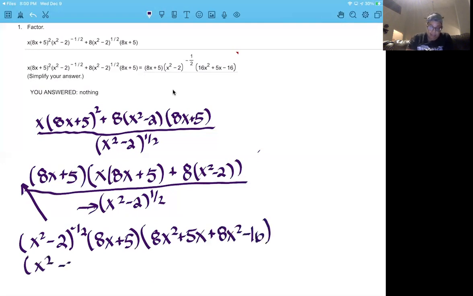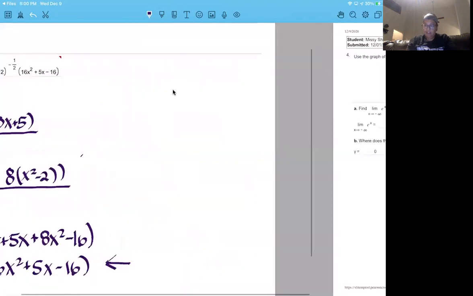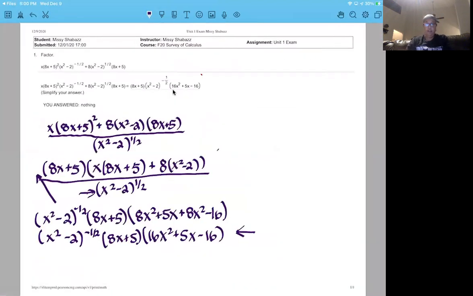And I'm going to add my like terms. So 8x squared plus 8x squared gives me 16x squared, and then I have a 5x and then a minus 16. And that is my answer. And I think that's my last one because we already did that one. All right, so that is the end of the Unit 1 review.